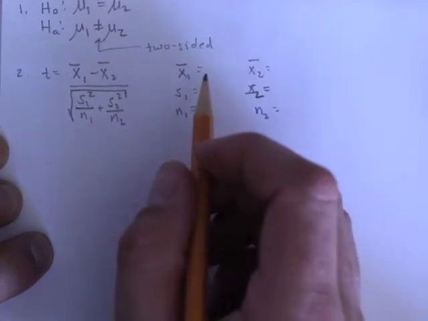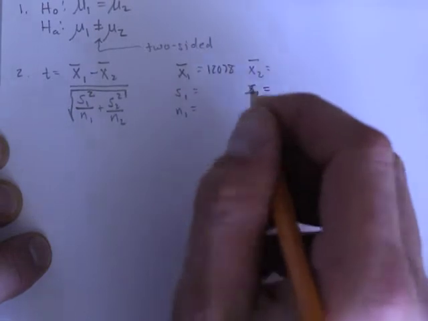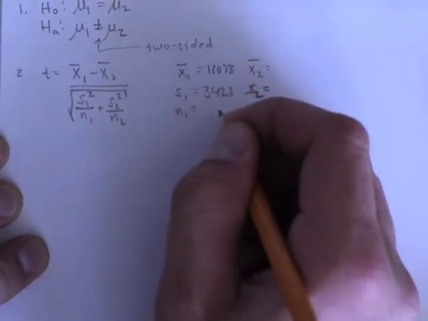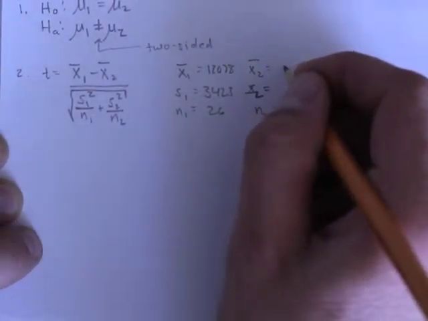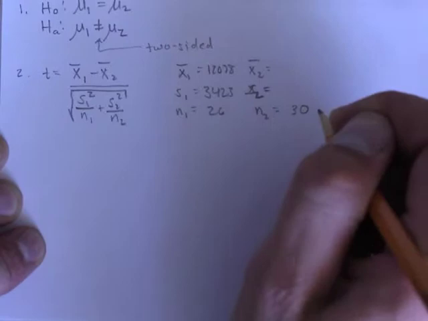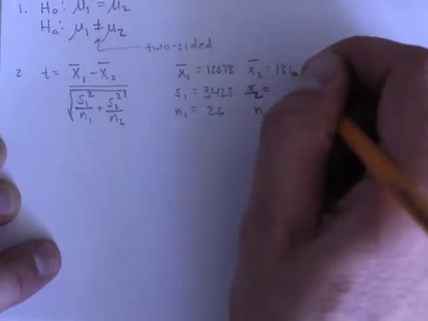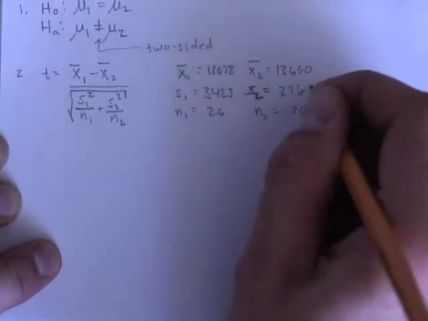The first sample mean we get is 12078. The standard deviation for that sample of females is 3423, and the sample size is 26. In my second sample of the males, there are 30 of them, having a sample mean of 13650 and a standard deviation of 2768.